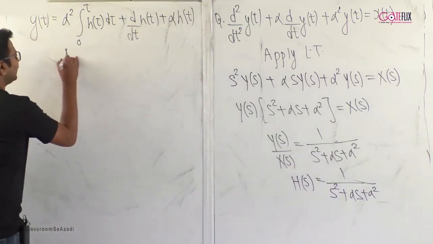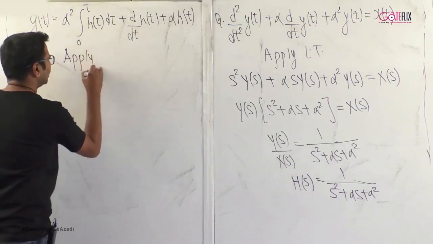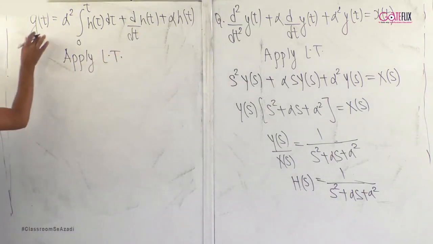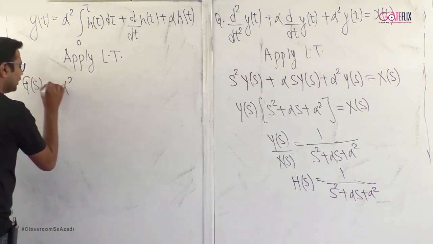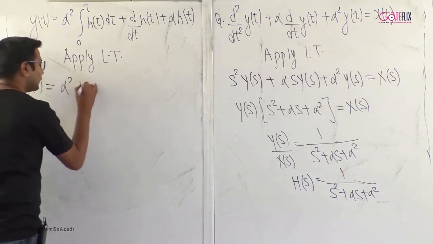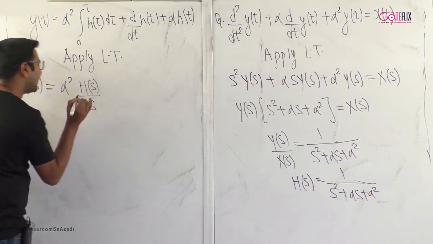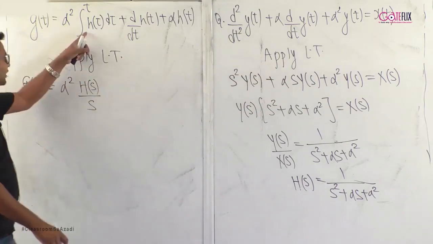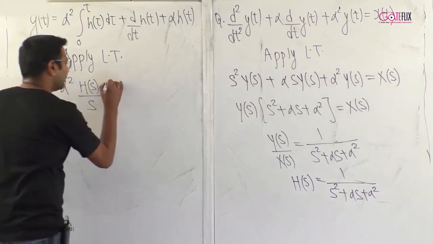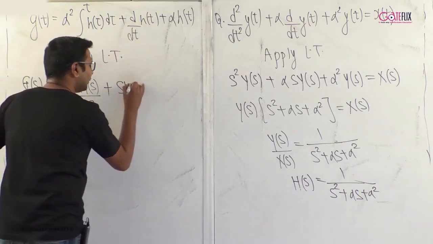We will apply Laplace transform to the second equation. So, g(t) would become G(s). Now, integration will be H(s) by s. In derivative, we multiply by s. In integration, we divide by s. Plus, again we have a derivative, so we will multiply by s.